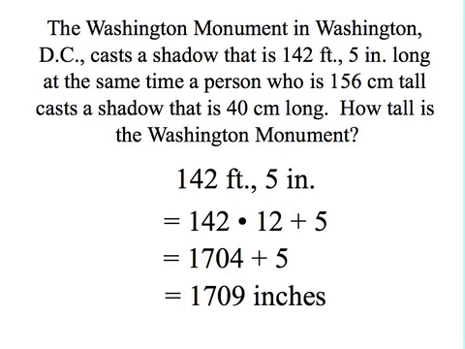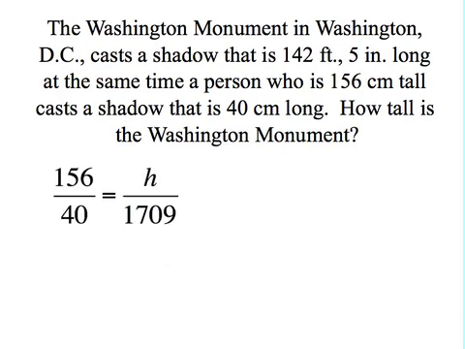And now I can set up my proportion. The height of the man, 156 centimeters, is to the length of his shadow, 40 centimeters, as the unknown height of the Washington Monument is to 1,709 inches. Now, in each ratio the units are different from the other ratio, but the units are the same within each ratio.